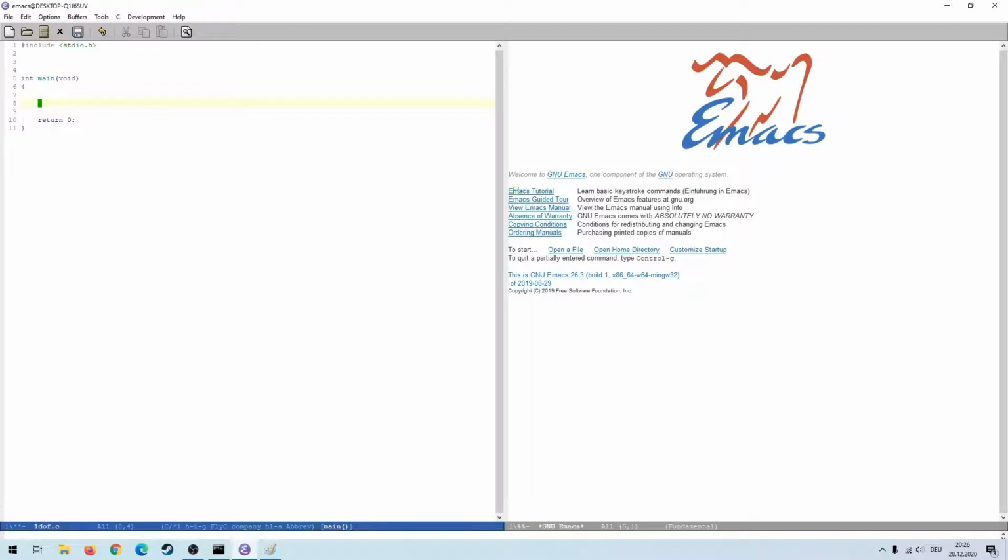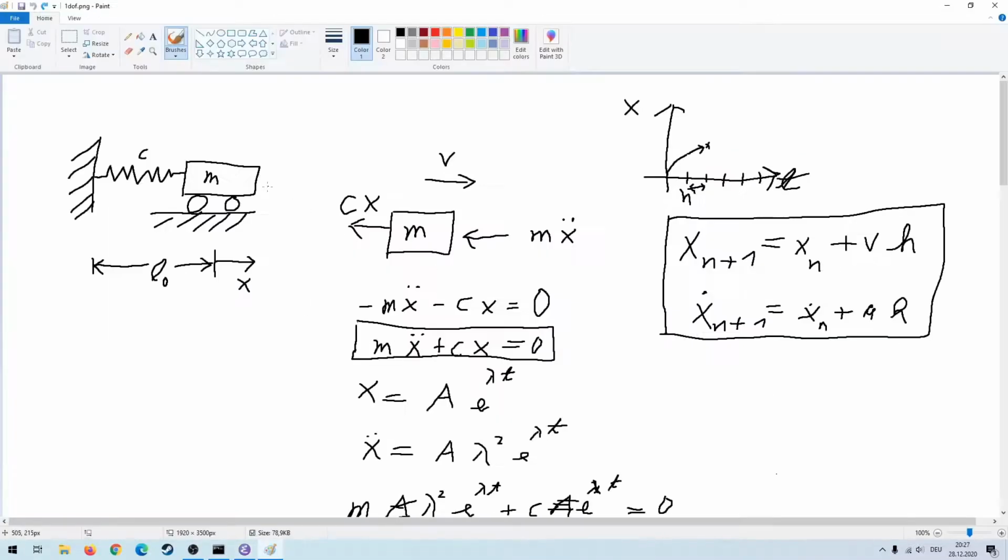So what do we actually need for our simulation? Let's have a look at our system again. Our system is here at the top left. We have a single mass that has a specific weight. We have a spring that has a spring constant. Then we have our equations that we want to actually program into our program.